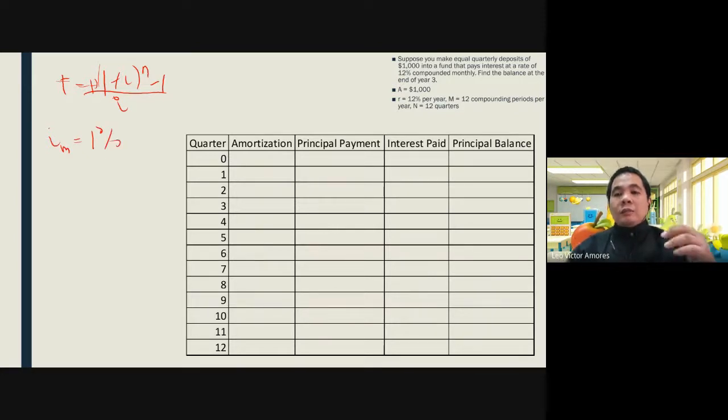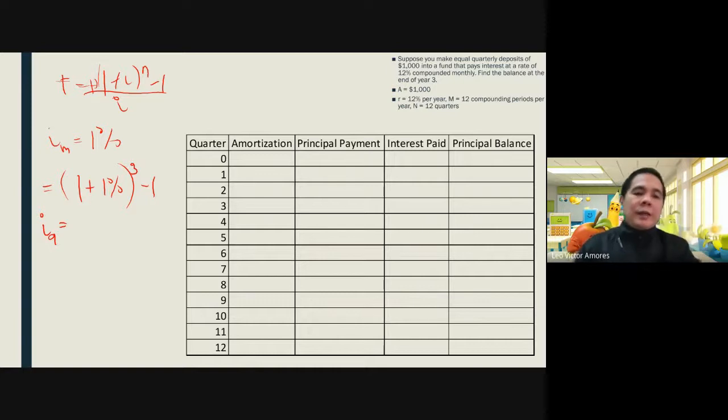Okay? Now, our interest rate per month is equal to 1%. But since you are paying it on a quarterly basis, what is your quarterly interest rate? So that would be 1 plus 1% to the exponent of 3, minus 1. So therefore, your interest rate per quarter is how much? Anybody? That is 3.0301%.